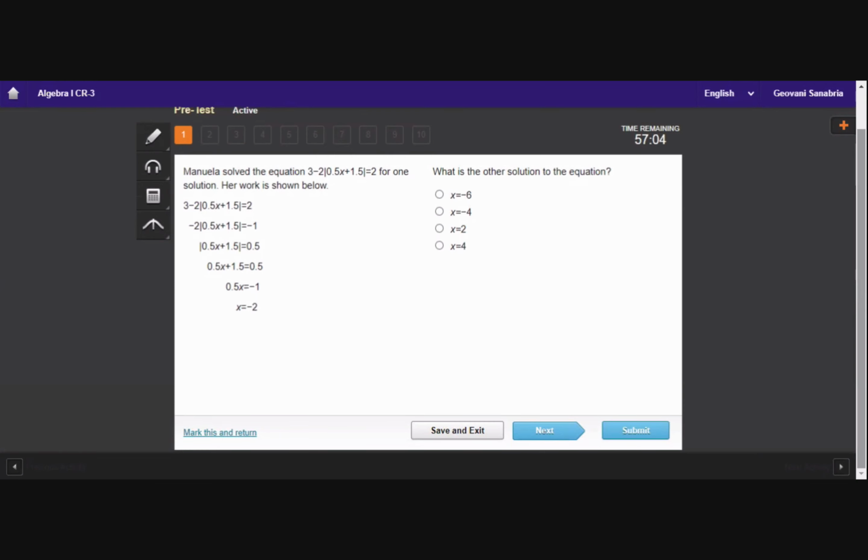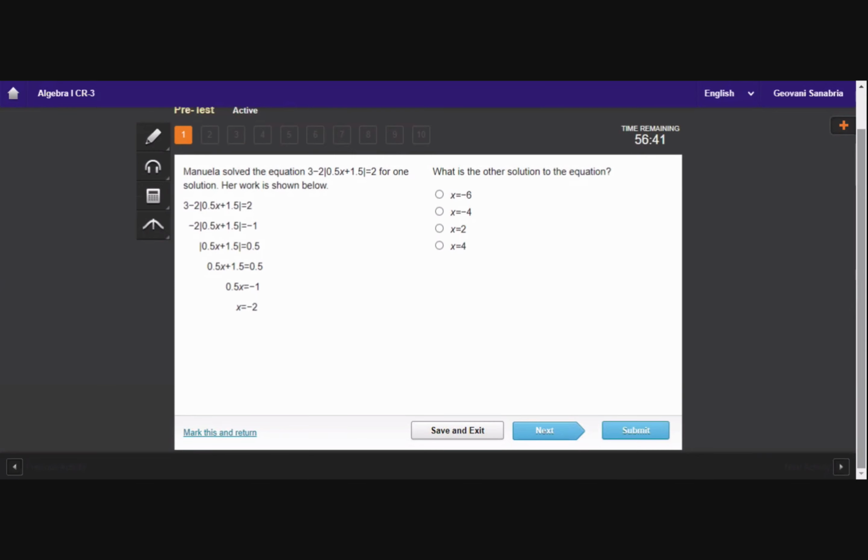We did the 2 times all that stuff, and it was 7. So 3 minus 7 would be -4, but it still doesn't give us the other side of the equation, which is 2, which means that answer is not correct. The x equals 4 doesn't work.